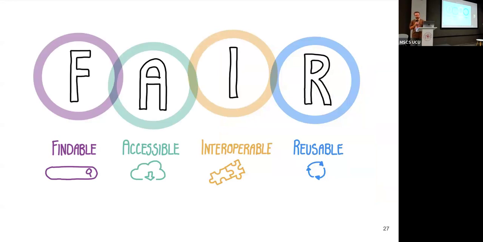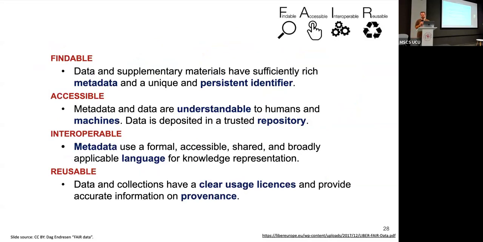I guess most of you are familiar with the concept of FAIR data. It's an abbreviation of findable, accessible, interoperable, and reusable. Four nicely sounded words. What can it mean in application to biodiversity data?